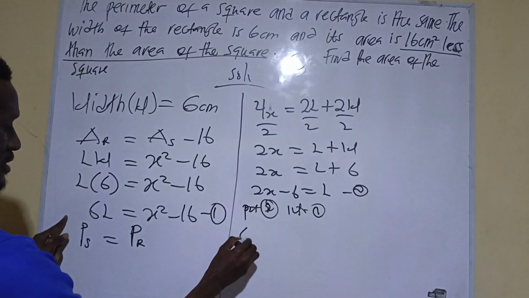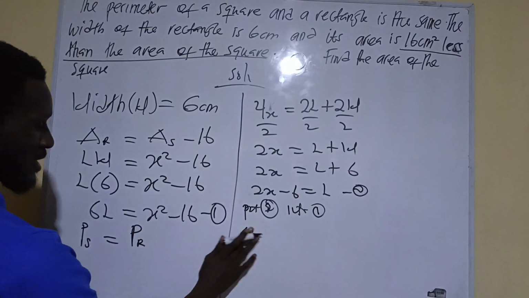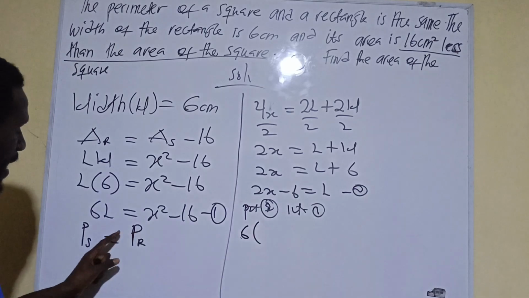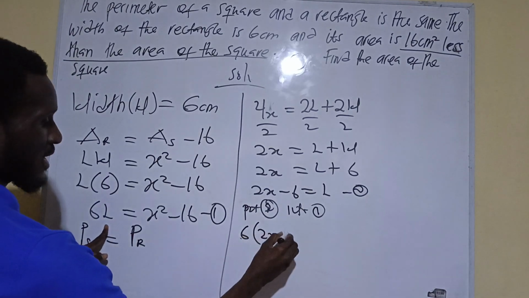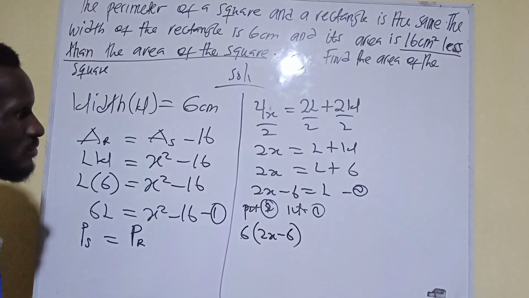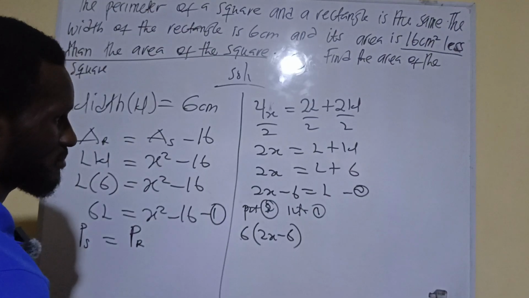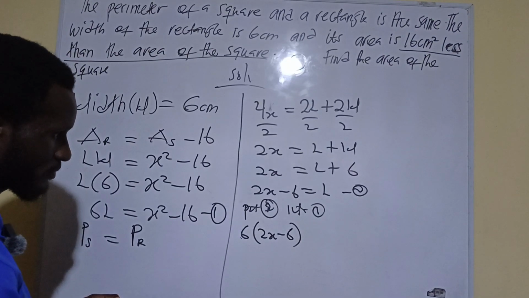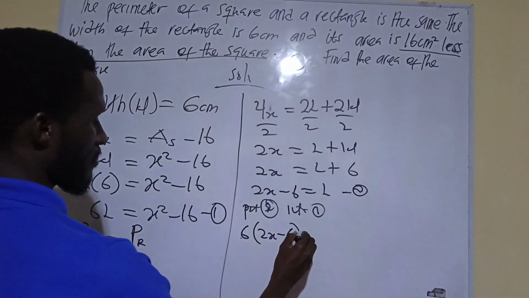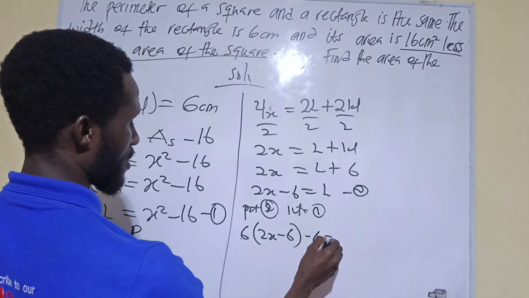Now equation 1 is 6L. Now the L is 2x minus 6. So 6 times 2x minus 6.